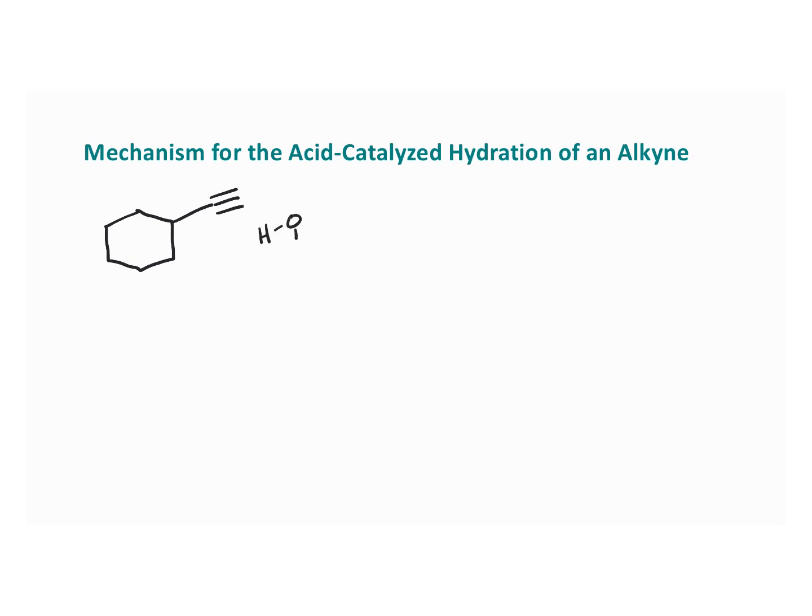So we've added acid, so we have H3O plus. These electrons are going to come down, they're going to grab that proton, and those electrons are going to go back on that oxygen, okay? This is our normal electrophilic addition step.